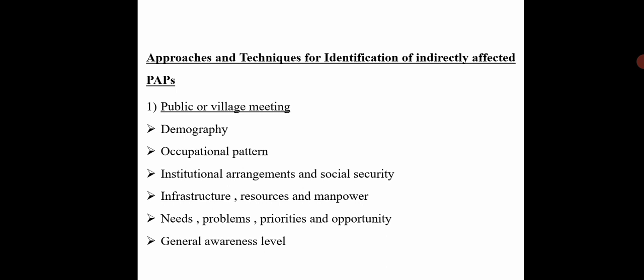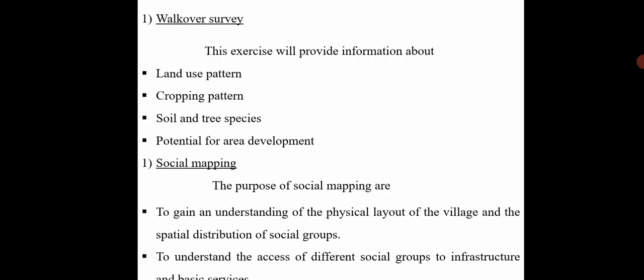Similarly, distribution and vital statistics, occupational pattern, institutional arrangements and social security, infrastructure, resources and manpower, needs, problems, priorities and opportunity, general awareness level. So this is the information we gain.